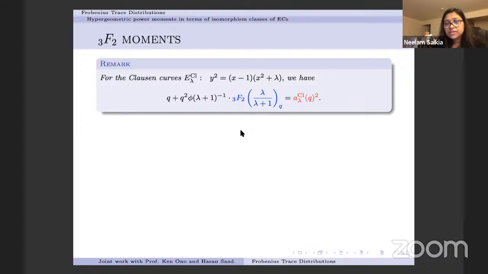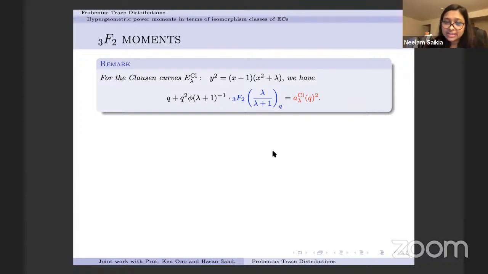Since the square of this trace is related to this hypergeometric function, it is important to collect all those lambdas for which this Gaussian form of elliptic curve has trace equal up to sign.